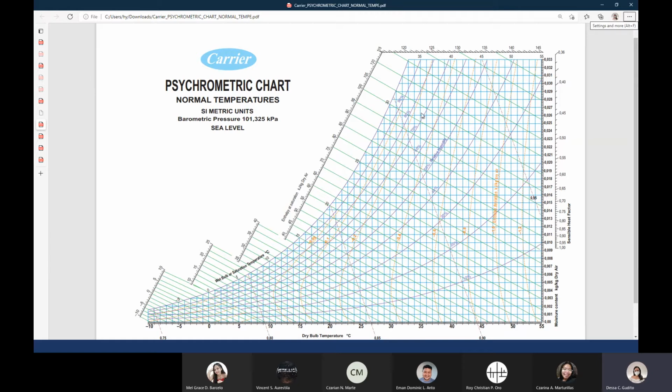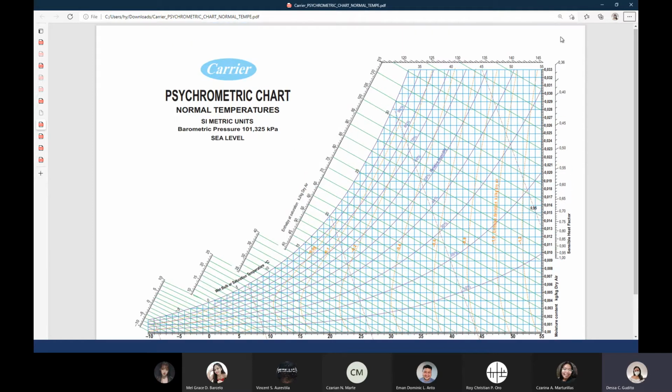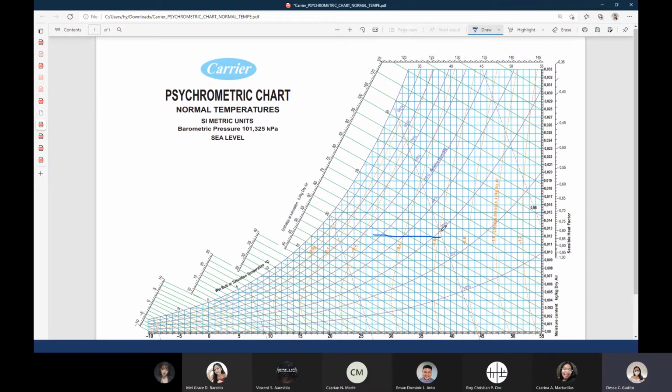The violet or purple curves are the relative humidity, and the diagonal broken lines are the volume of dry air. Sensible cooling is just a horizontal line from this state to the next state.